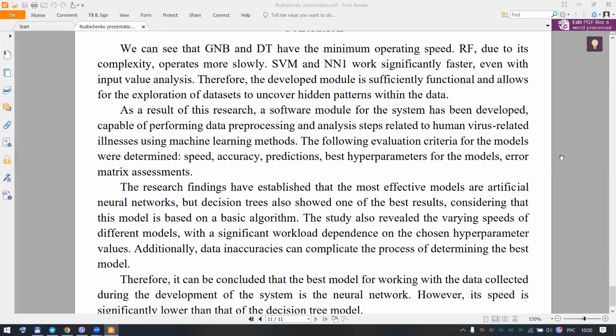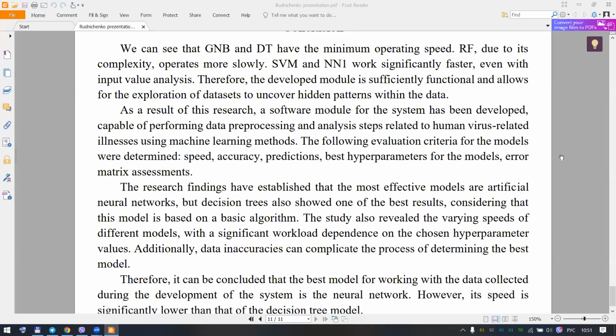As a result of this research, the software model for the information system has been developed, capable of performing data pre-processing and analysis steps related to human virus-related illnesses using machine learning methods.